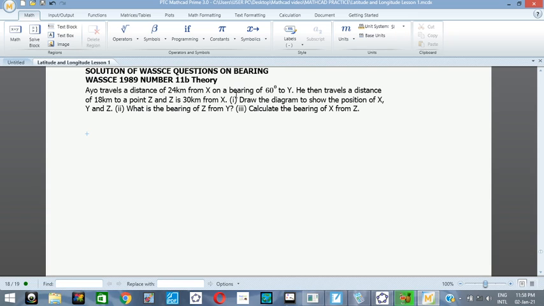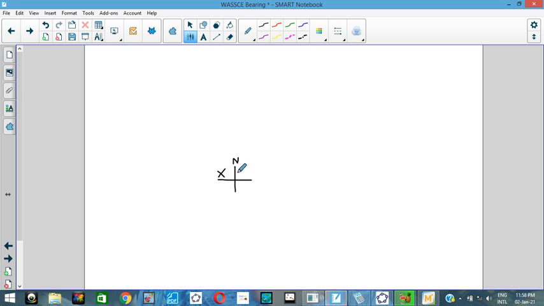And the bearing from this X now is 60 degrees and it's going to point Y. So you are going to turn 60 degrees from north. Remember this is east, 90 degrees, so 60 degrees should be somewhere here. So you just go up straight. Let's assume the distance stops here.